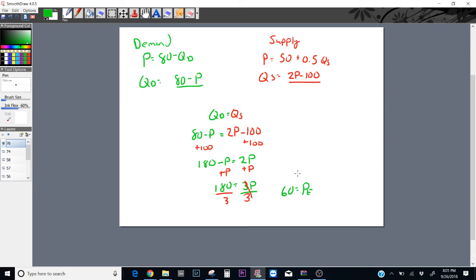Now, to find our equilibrium quantity, once again, I'll just plug 60 in for p, and the demand equation is going to be the easiest. So all I would do is say QD is equal to 80 minus P, which is 60, so 20. So we would say that 20 is equal to our equilibrium quantity.